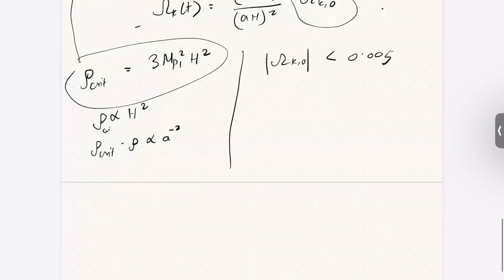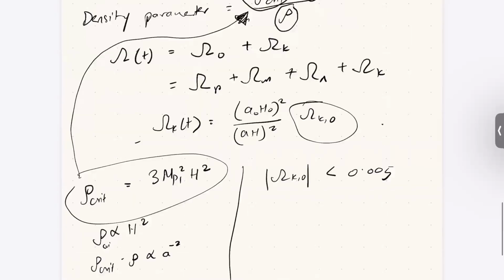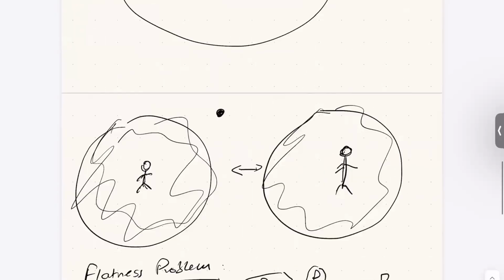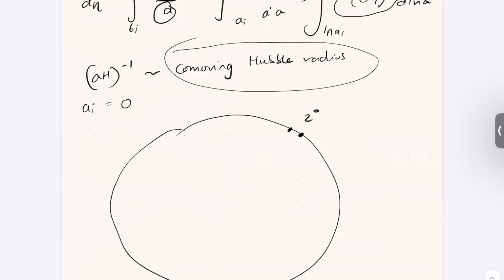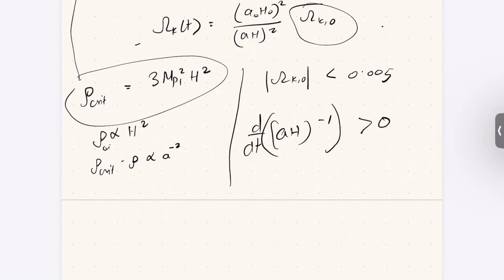Now, you understand that the universe is expanding, right? And you remember that I depict the expansion using the co-moving Hubble radius, which is given from here. So that means that (aH) inverse is increasing, right? That means if I take a temporal derivative of this, I should get something that is positive because it's increasing.